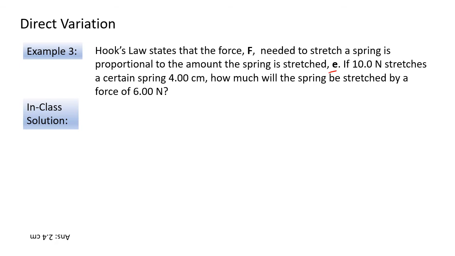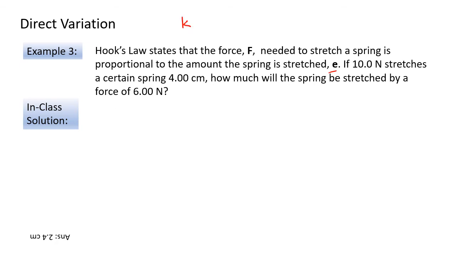Okay, so I'm going to say the force is F, and it's proportional to the amount that the spring is stretched. In other words, the more it's stretched, the more force you would need to apply. So I'm going to call our constant here K, just like I did in the past.